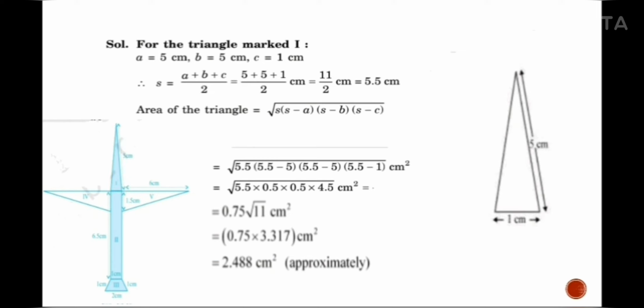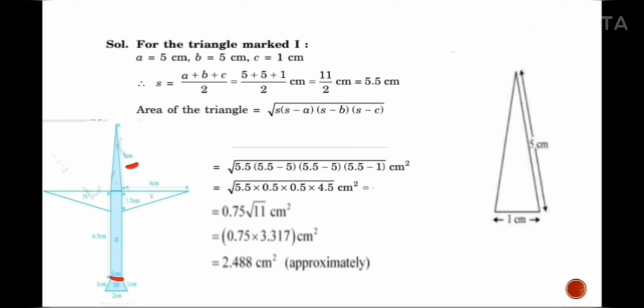Now we will find the area of part number 2. If you look at the previous slide, part number 2 is a rectangle whose length is 6.5 centimeter and breadth is 1 centimeter.